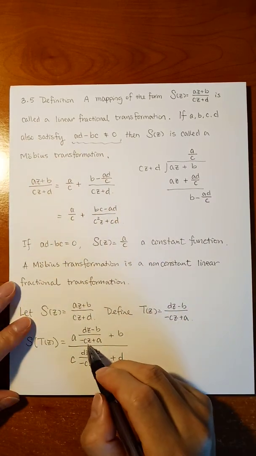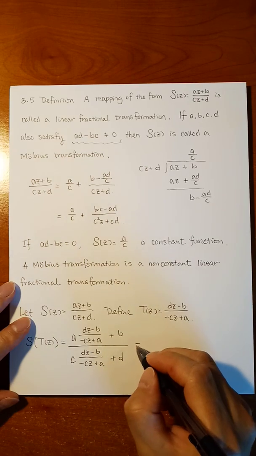We multiply top and bottom by this negative cz plus a.